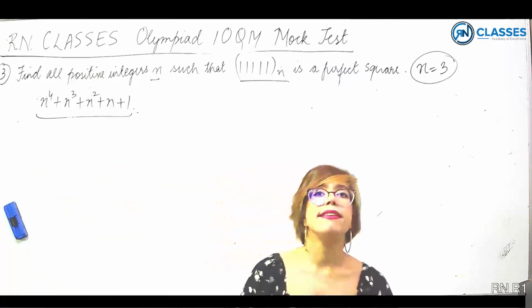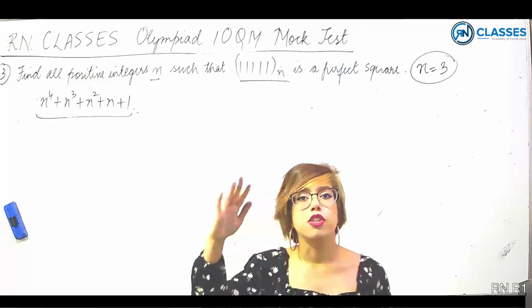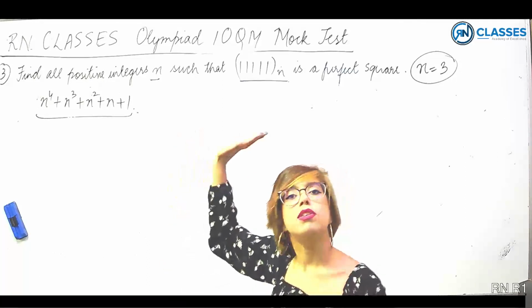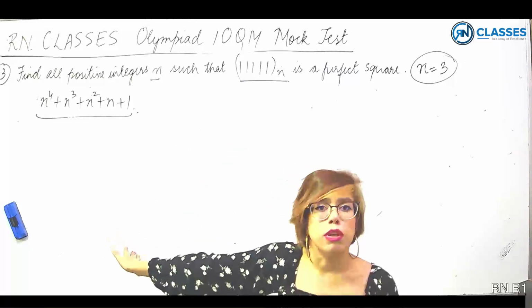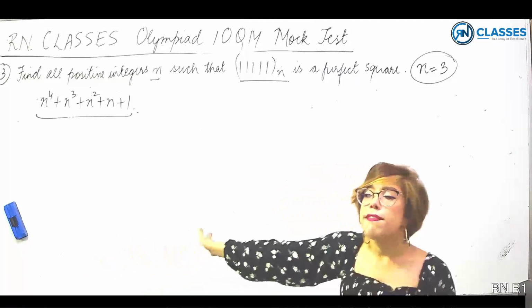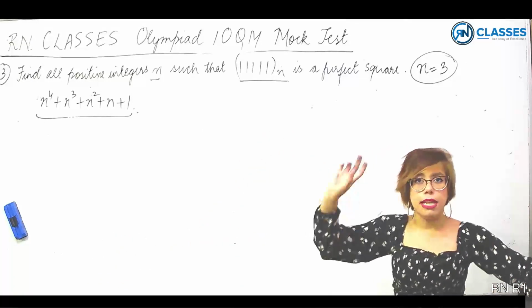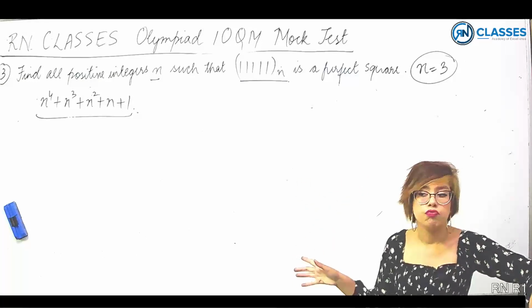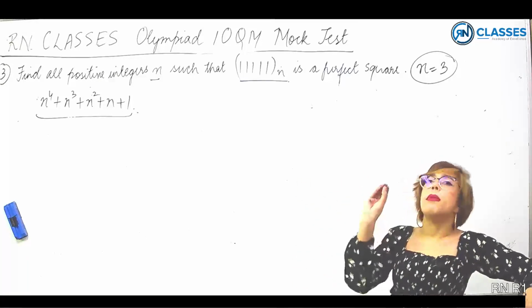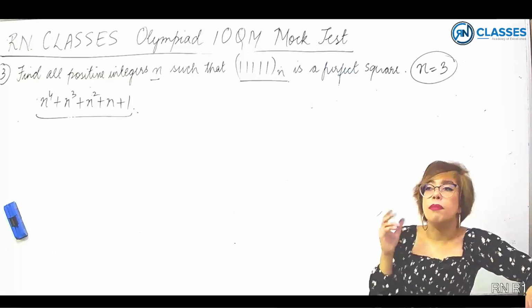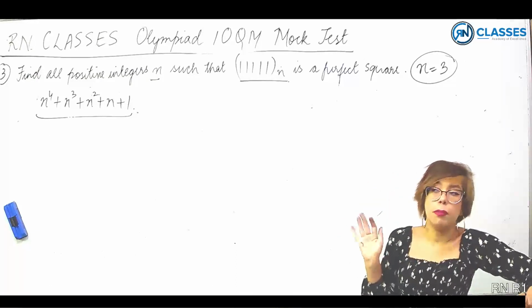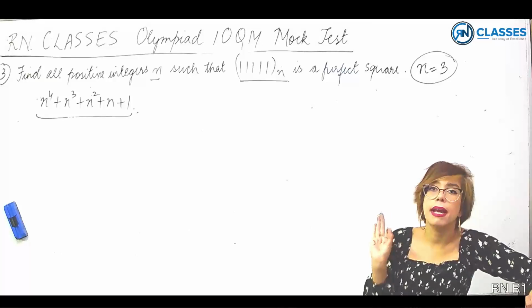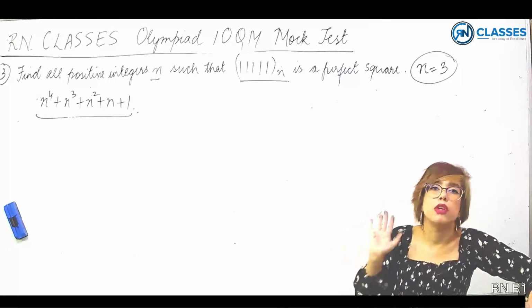Now obviously we cannot check for n equal to 4, 5, 6 and so on because there are infinite natural numbers, right? So if I need to talk about all the natural numbers at one go, it is not possible to talk about them individually. So let me partition my set of natural numbers.